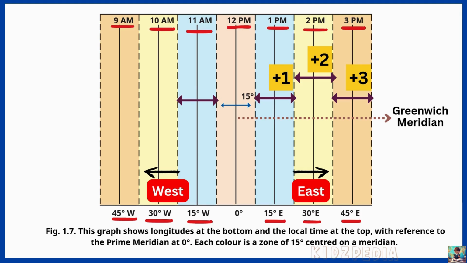At 15 degrees west, it's 1 hour earlier. At 30 degrees west, it's 2 hours earlier. At 45 degrees west, it's 3 hours earlier, and so on. This system helps us know the local time at different places on Earth based on how far east or west they are from Greenwich.